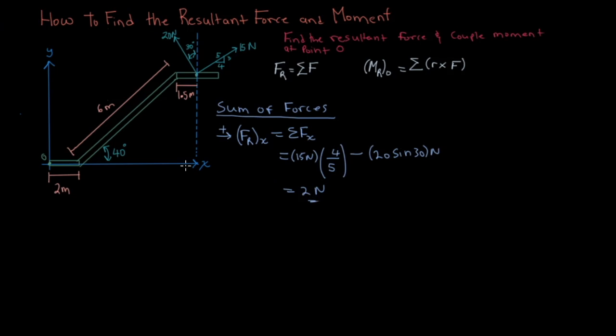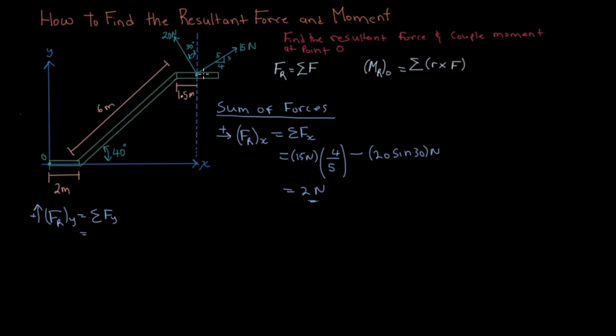So how about the y direction? We know that the resultant force in the y direction is equal to the sum of forces in the y direction. Like always, we define which way is positive, and we're going to define up as positive, and then put in our calculation.